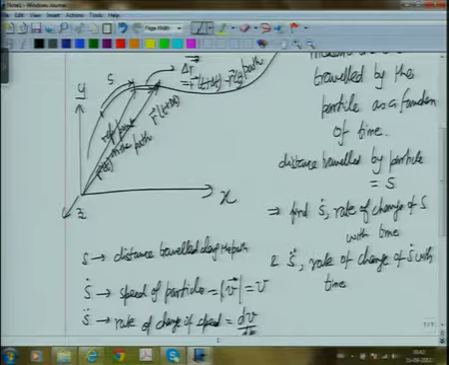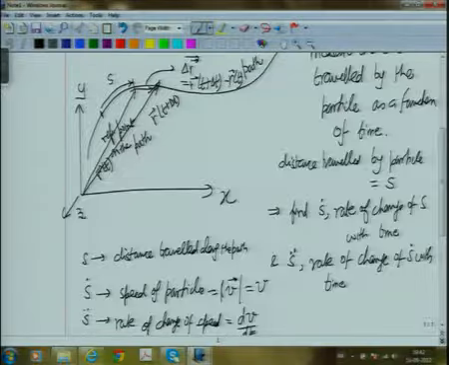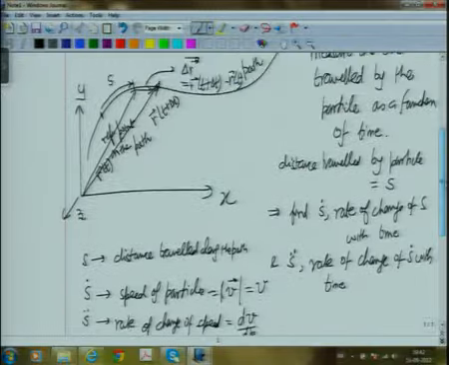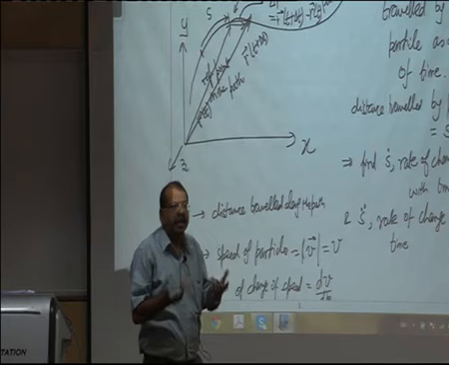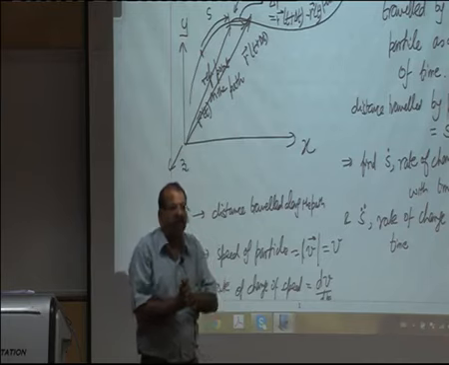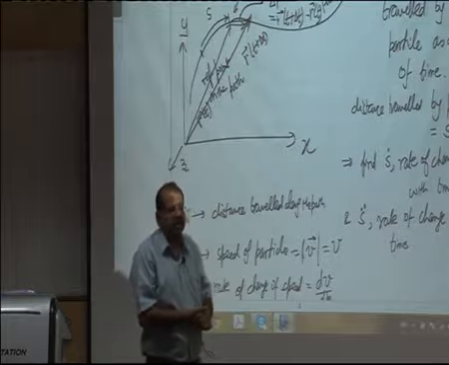Now, if we look at this distance, the distance travelled between time t and t plus delta t, we can call it delta s, or in the limit delta t goes to 0, this will be ds.